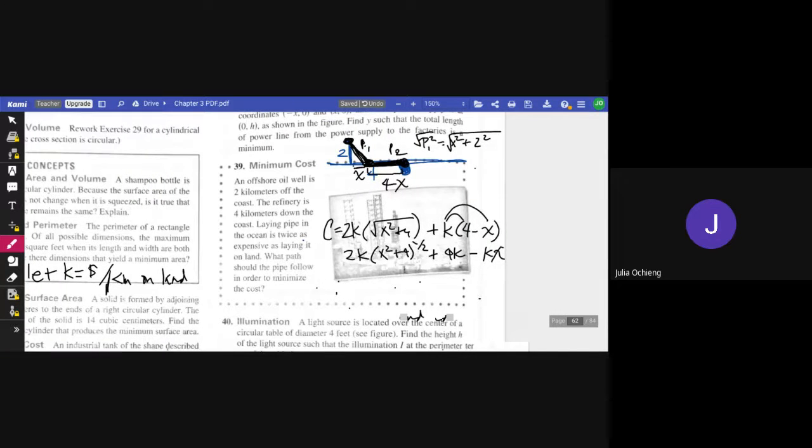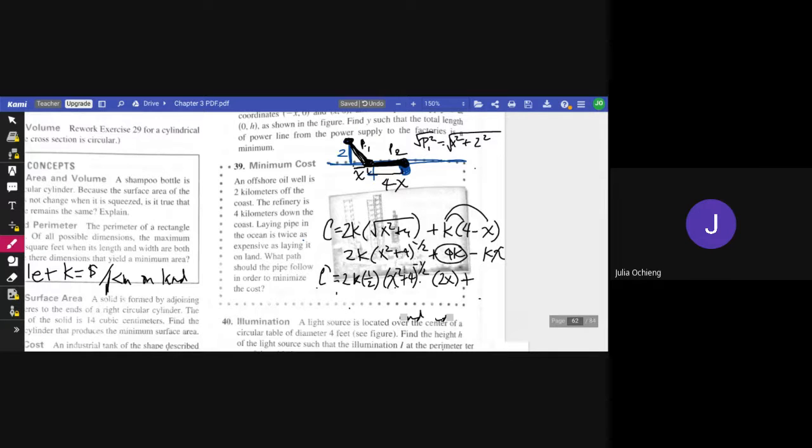Okay. And then the derivative of this using the chain rule again. So I'm thinking of this entire expression as one variable, like a U. So I'm just going to take the derivative of it as if this entire expression were one variable. I'm going to put that 1/2 in the front: 2K times 1/2 times X squared plus 4 to the negative 1/2. And then I have to find the derivative of this expression that I pretended was one variable. So the derivative of this is going to be 2x plus 0, or just 2x.